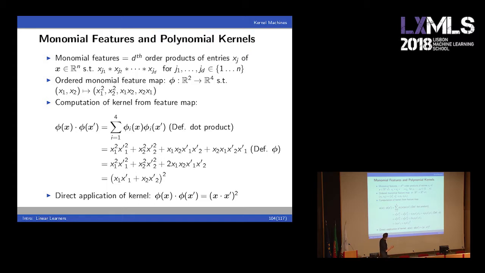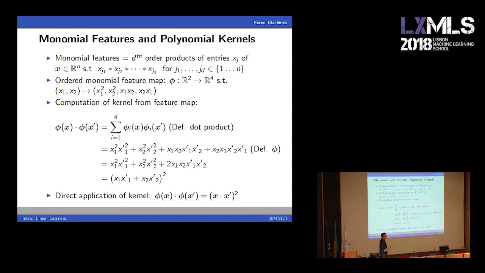For example, for a fourth order product, mapping from 2 dimensions into 4 dimensions, we multiply each component with all the others: x1 squared, x2 squared, x1 times x2, x2 times x1, right? So we now go from 2-dimensional space into 4-dimensional space.